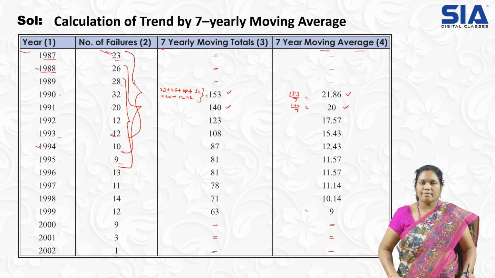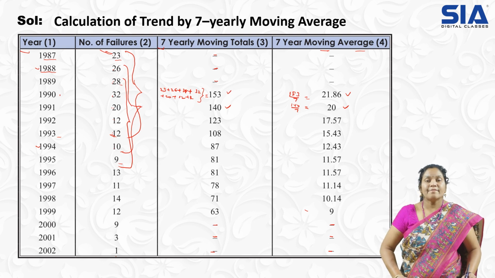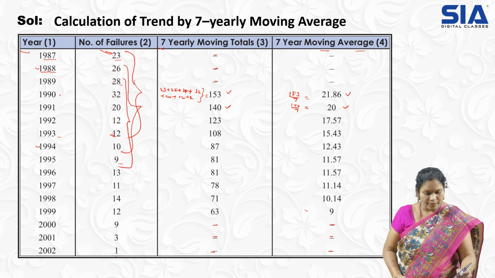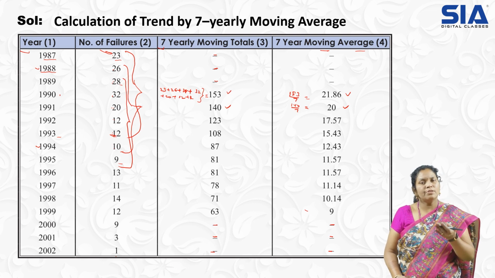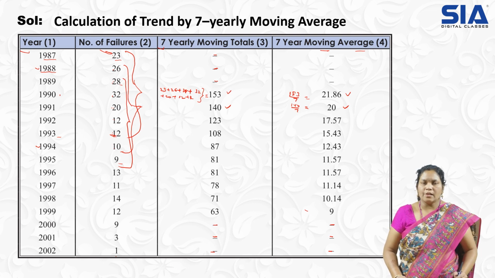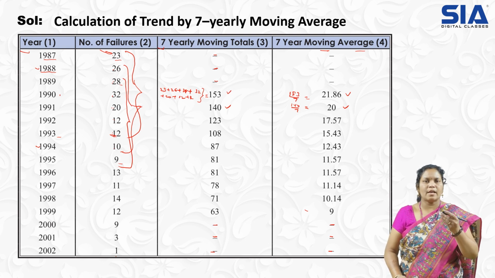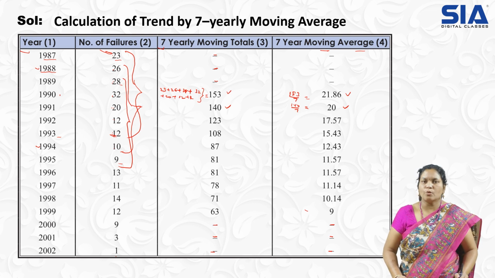So first what we have done, simply we have done the 7-year moving total, means every 7-year values you have to go on adding. So first to the 7th value, like that. Now remove the first value and add the next value, like that, until the last value you have to go on adding. And if leftover values, only 6 values or only 5 values are there, you should not consider them. 7 means exactly 7 values totals you have to go on doing.